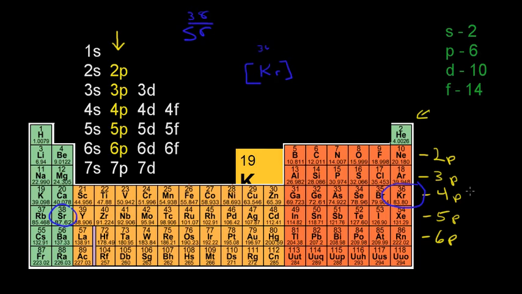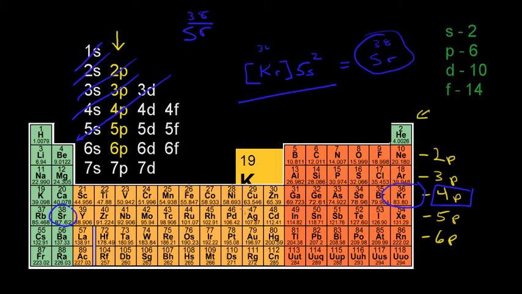We know that krypton fills the 4p, so it went through here, here, here, here, and we go through there. All right, we fill it, and that's krypton, and then we continue on to the 5s, and that's going to be 2 more, and that's going to equal the 38.